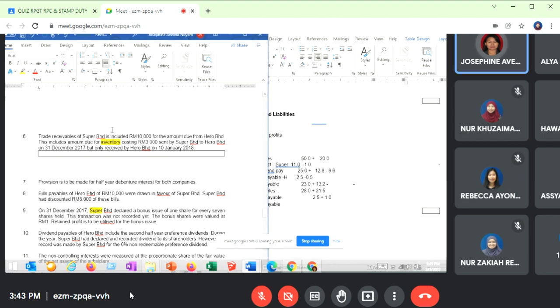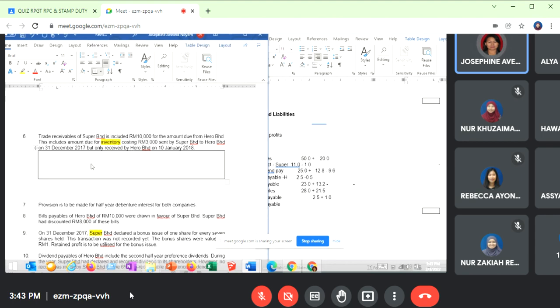So that means that the accounts payable of Hero will not include this figure. So there is a goods in transit. So how much do we need to cancel? Because this is intercompany, we have to credit our asset trade receivable. We will cancel the trade receivable 10,000.